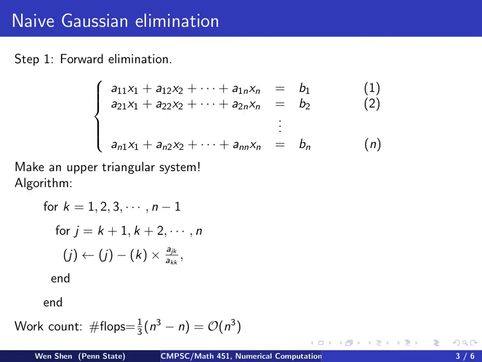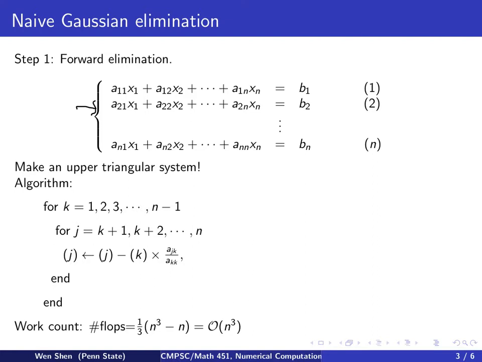We shall be familiar with this procedure called Gaussian elimination. Through row operations, we can do the following. Take, for example, equation number 2. We can multiply equation 1 by a factor that's a21 over a11.